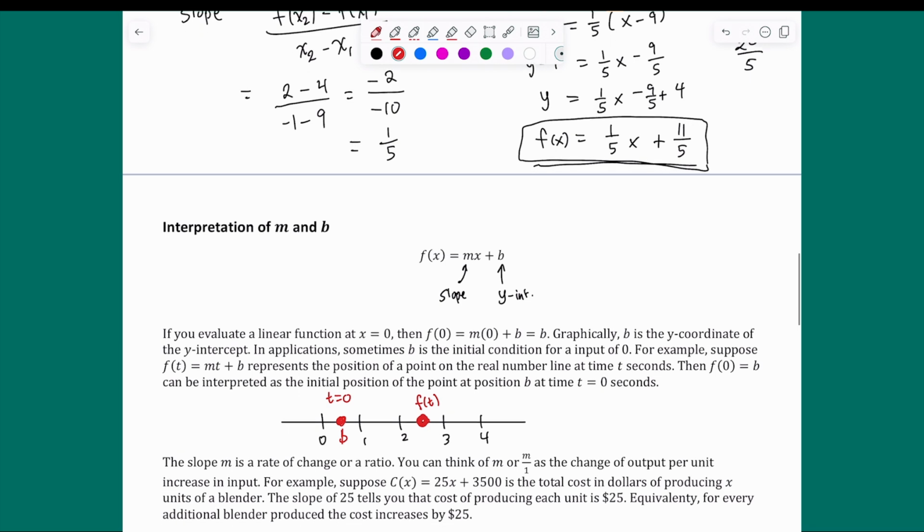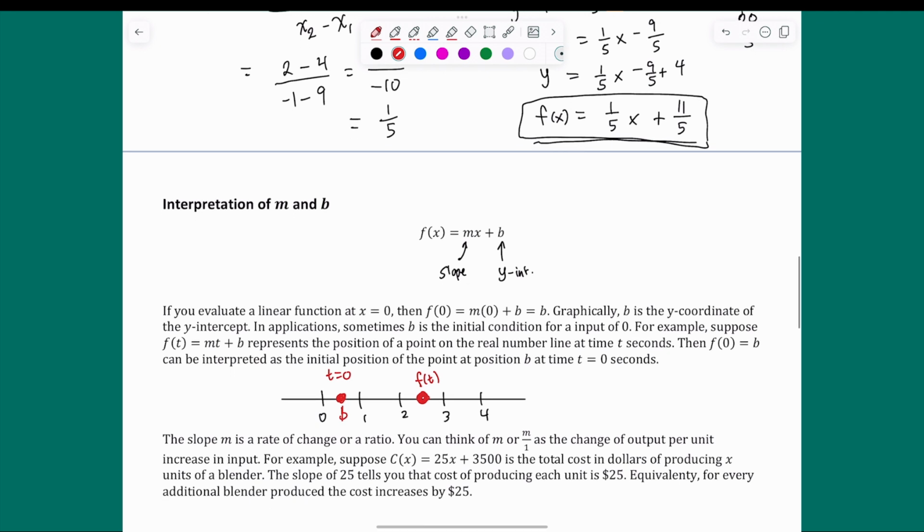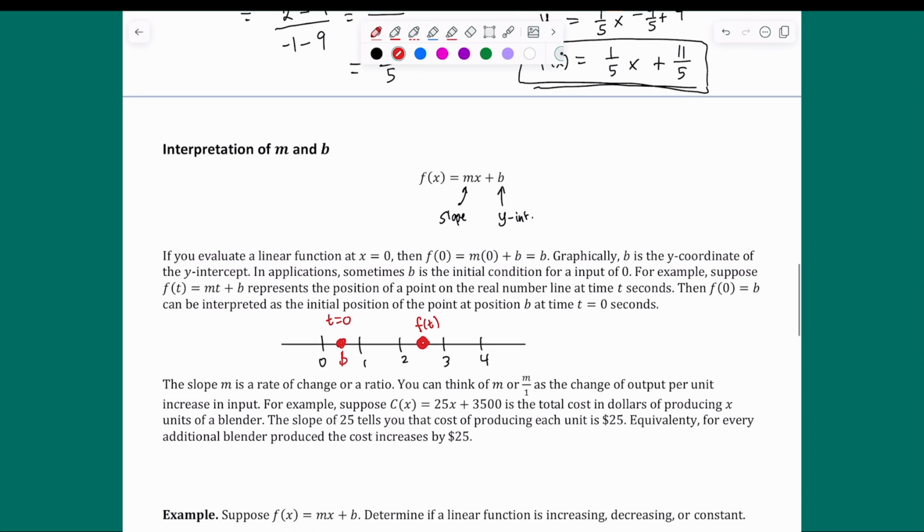All right, so that's one interpretation. It's usually some type of initial condition. Sometimes it makes sense, and sometimes in applications it might not. But as we know, the slope m is the rate of change, and the rate of change can be thought of as some kind of ratio as well. You can also think of the slope as m over 1. So m is the change of output per unit increase in input.